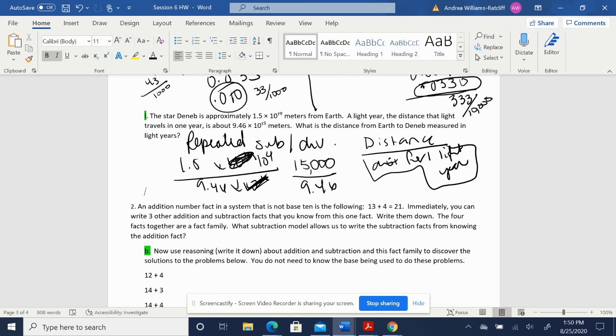It's a little bit easier to do. Nonetheless, even if you used a calculator, whatever method you chose here, when you do this calculation, you should come up with about 1,585.62 light years that you should be able to get out of that total distance.